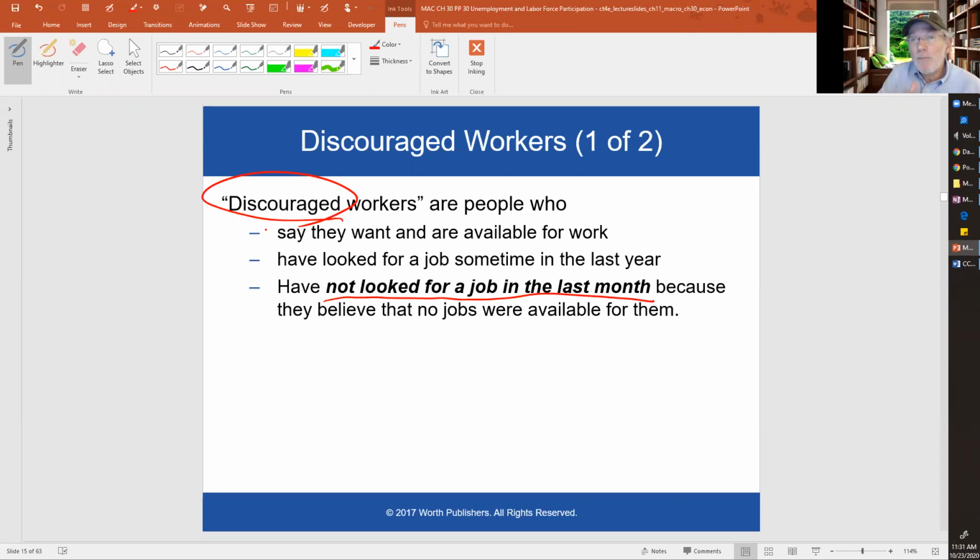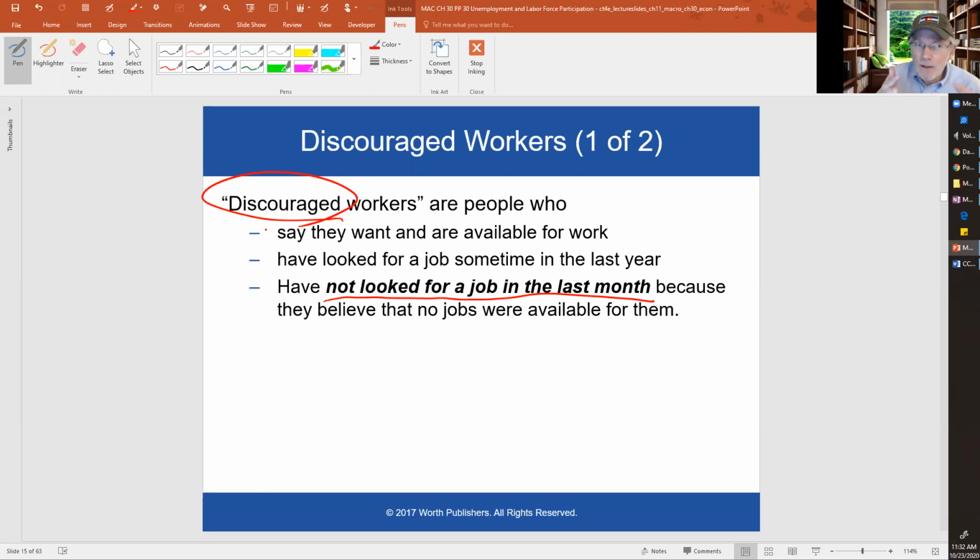So the rate that we've been calculating, they would not show up there. These discouraged workers, they are not unemployed. They're not considered a part of the labor force. They just don't show up at all in the unemployment figures, the official figures. There are other measures of unemployment that the government does calculate.